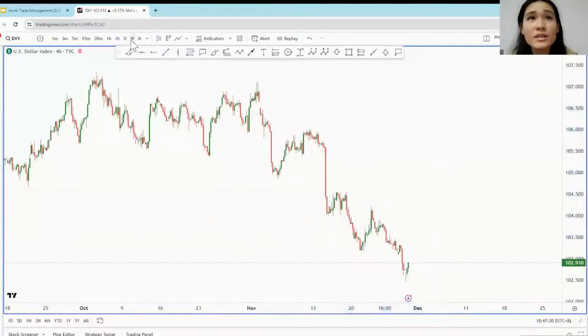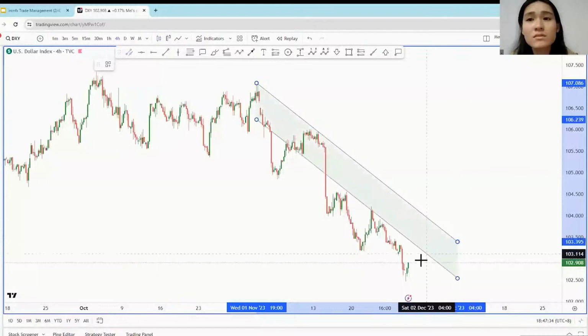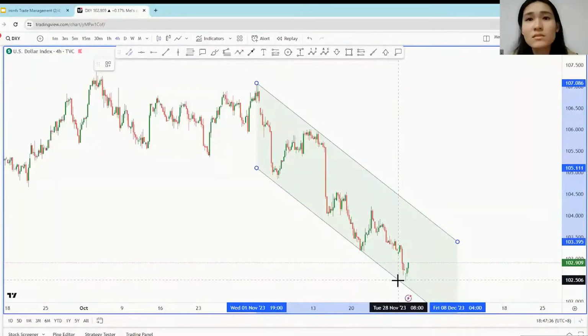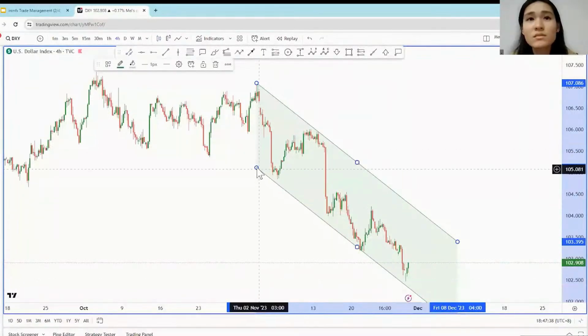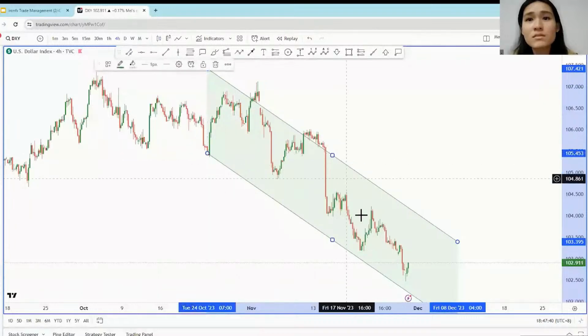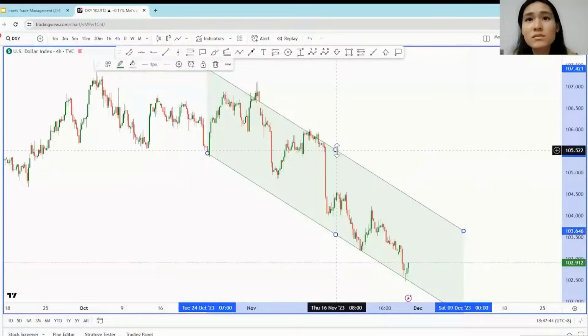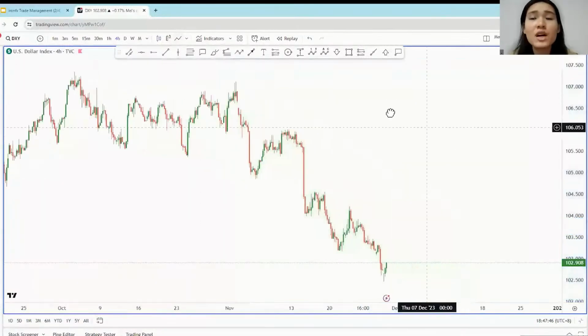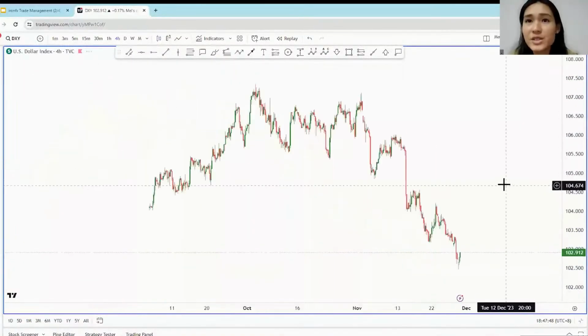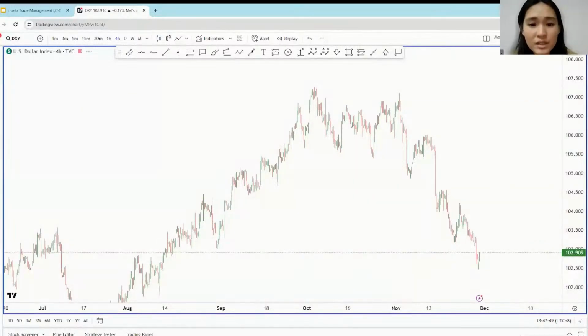Let's try. Okay, no. But we can all agree that it is a downtrend.